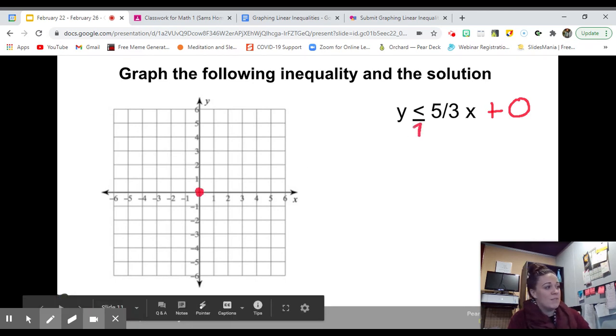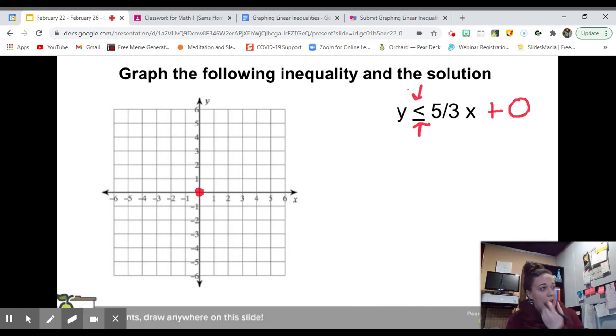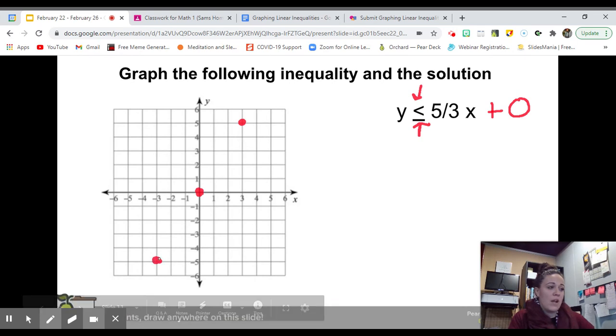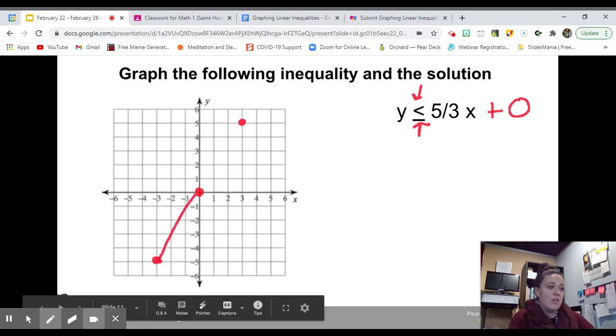Something else I notice is my or equal to is there, so my line is going to be solid and not dashed. So from my y-intercept, I'm going to go up 1, 2, 3, 4, 5 over 1, 2, 3. Down 1, 2, 3, 4, 5 over 1, 2, 3. Okay, again, my line is allowed to be solid.